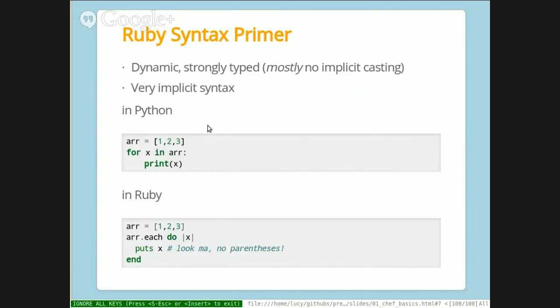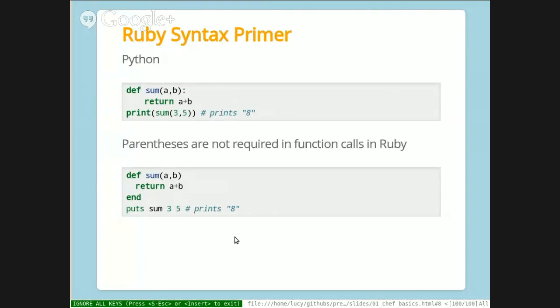You're iterating through an array, and each element in the array is denoted as x, which is really useful with more complex examples. For this one, it's pretty simple. But the pipe x pipe is used a lot in Chef for iterating through lists of packages, for instance, for installing a bunch of packages.